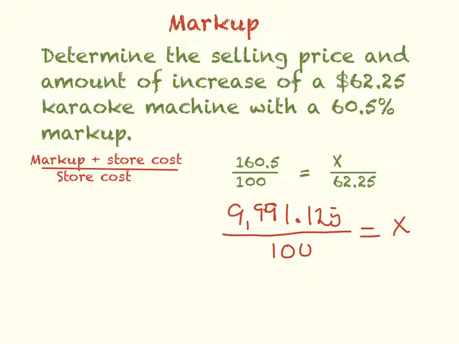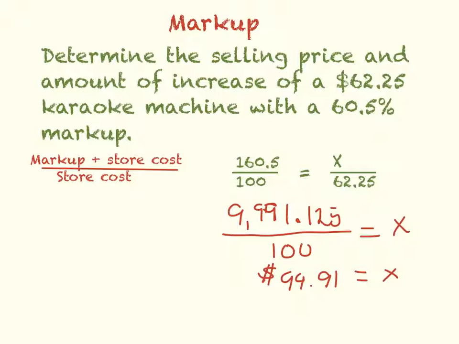So remember, when I divide by 100, I'm just going to move that decimal over 2 places. That means we're talking about money, right? We're buying things from a store that has marked that price up. So if I move the decimal over 2 places, this really represents $99 and about 91 cents. That's equal to our X value.